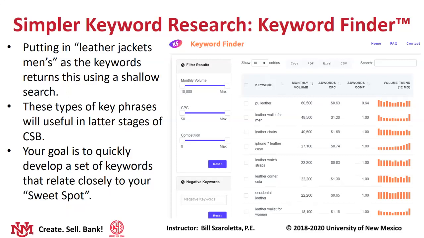So now if I put in leather jackets, men's as the keyword, and just use a shallow search, you get these outputs, and it's something else to look at.